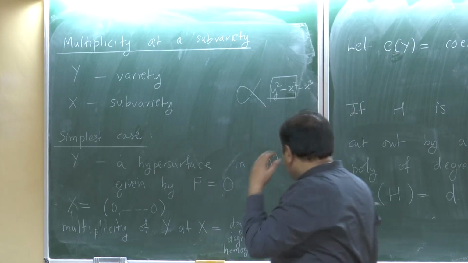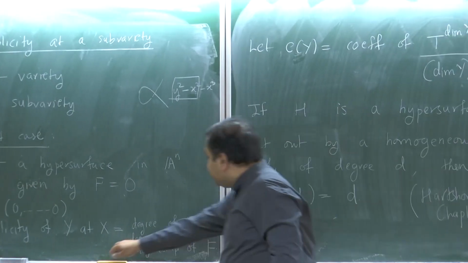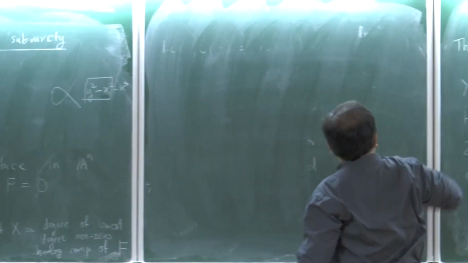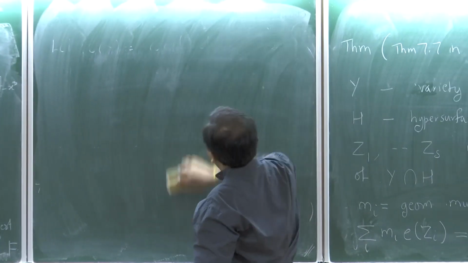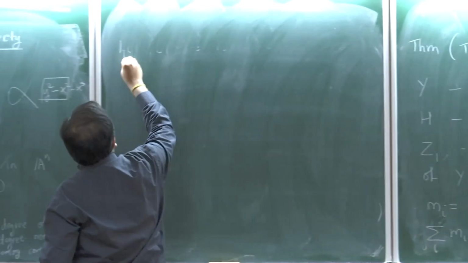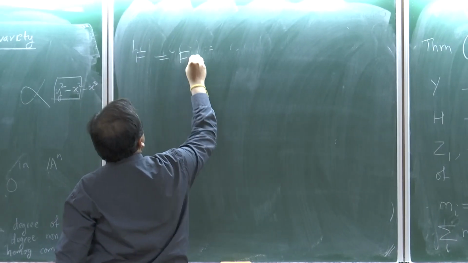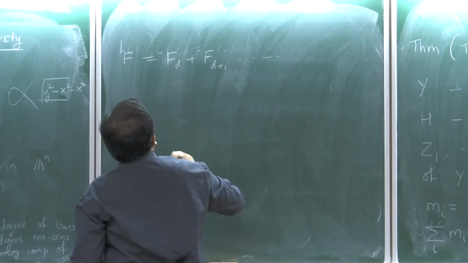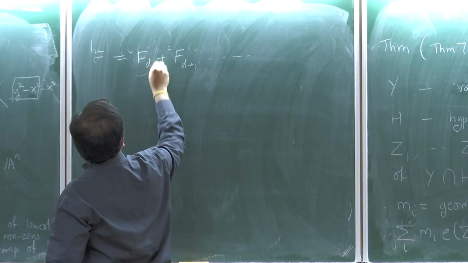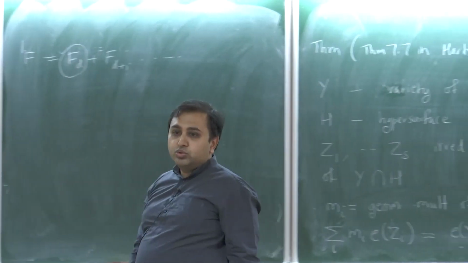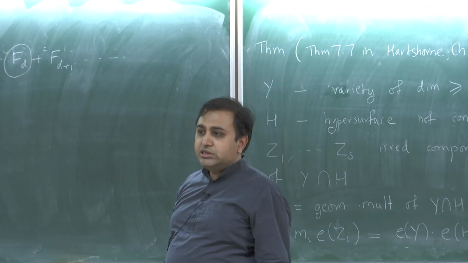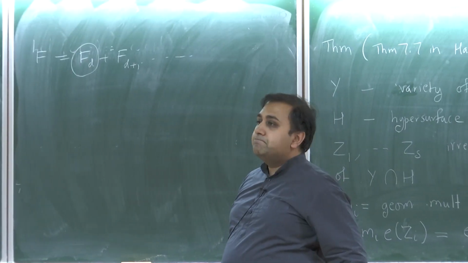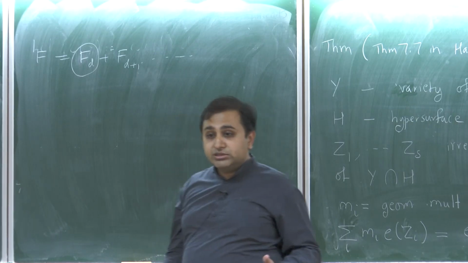So if f is equal to f_d plus f_{d+1} and so on, we are focusing on this part. Can we describe this d more geometrically now? Yeah, well, the degree of the tangent cone.